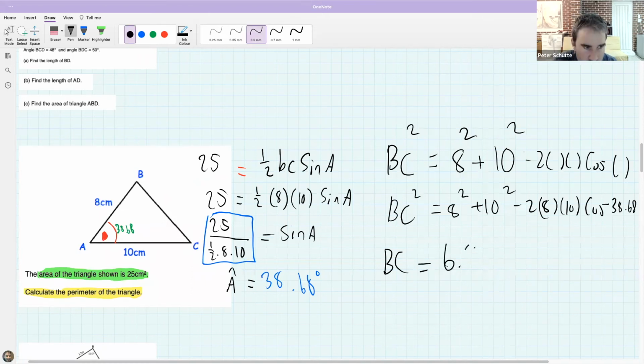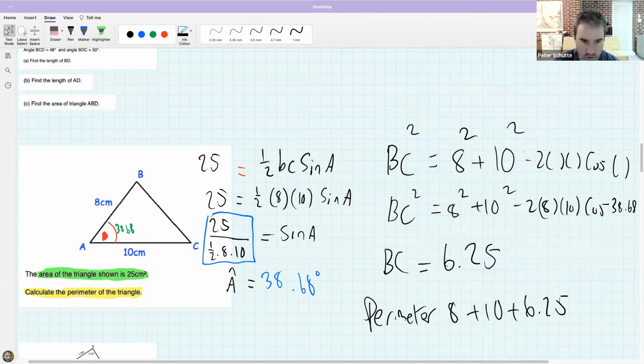We get 6.25. And then the final perimeter is just 8 plus 10 plus 6.25, which should give us 24.25, and that's going to be centimeters.